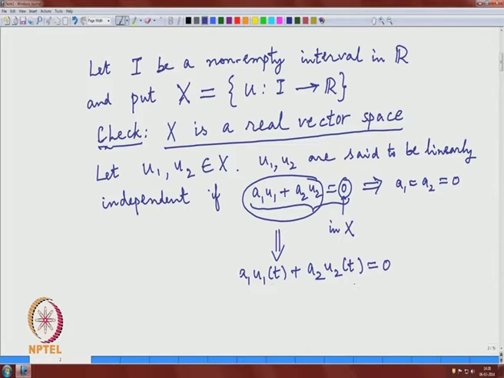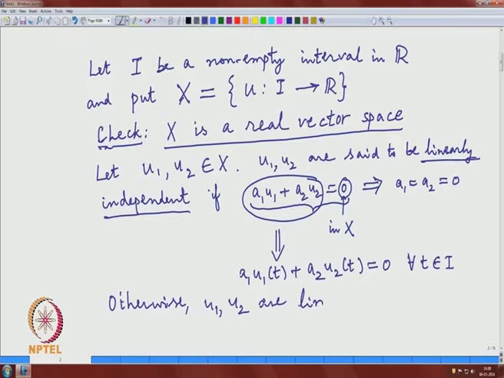Now, these are real numbers for all t in the interval I. Okay. So, whenever this happens, if that implies a1 equal to a2 equal to 0, then u1 and u2 are said to be linearly independent. Otherwise, u1, u2 are linearly dependent.